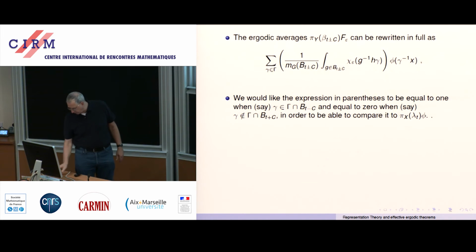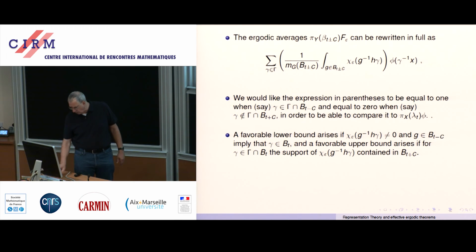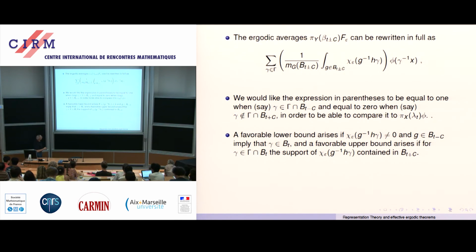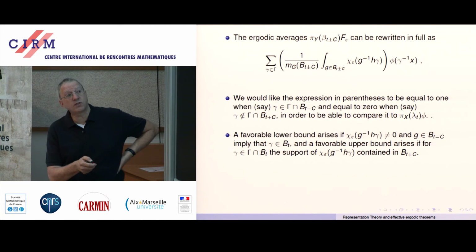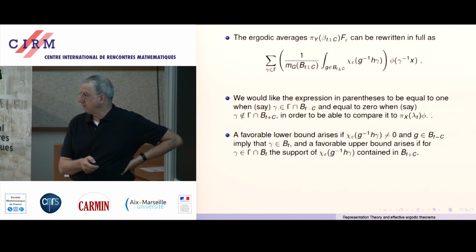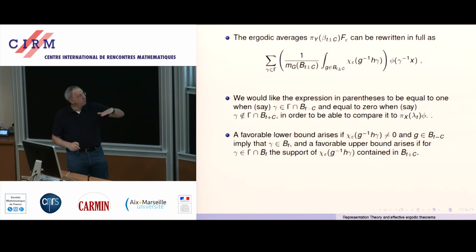So for example, a favorable lower bound arises if chi epsilon G inverse H gamma is non-zero, and G in BT minus C implies that gamma is in BT, exactly as we had before. And a favorable upper bound arises if for gamma in gamma intersect BT, the support of this function is contained in BT plus C. So this will give us a favorable estimate of this average.